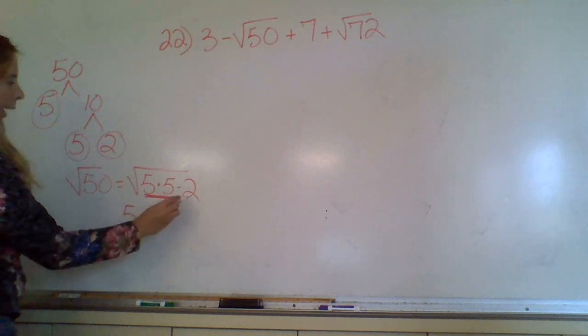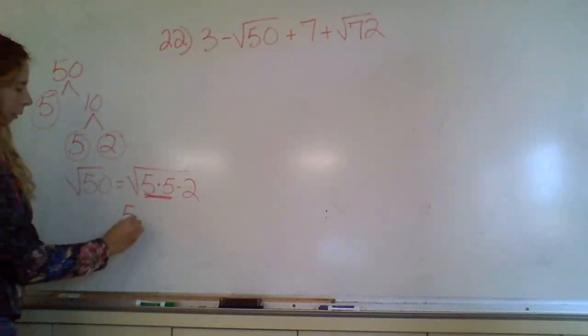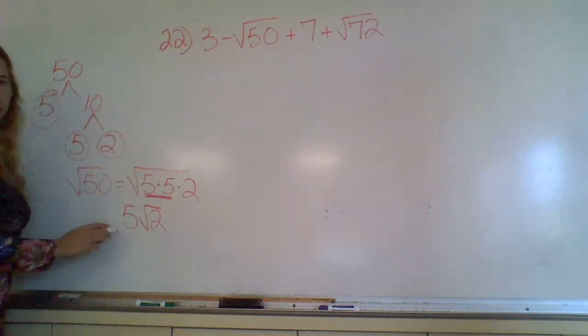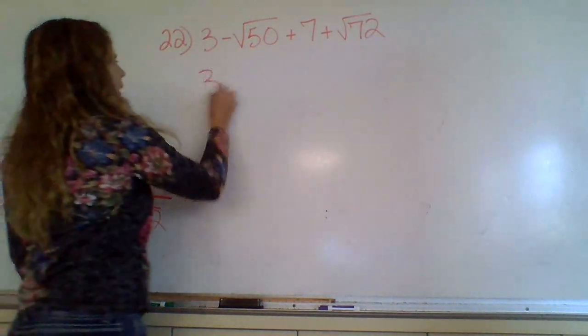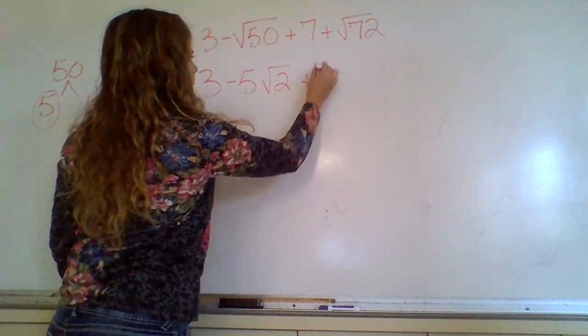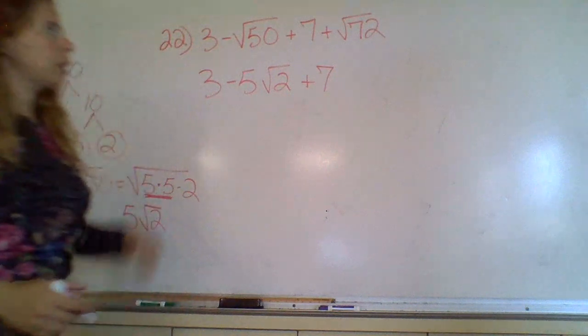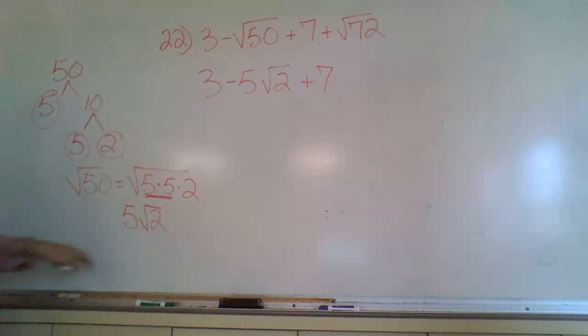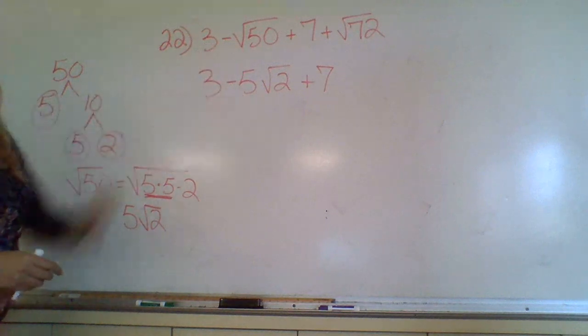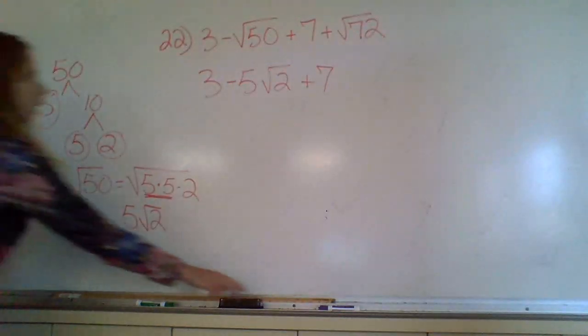The 2 has to stay inside, it's all by itself. So I have 5 square root 2. So 3 minus 5 square root 2 plus 7. And then we have the square root of 72. All I did was replace square root of 50 with 5 square root 2.